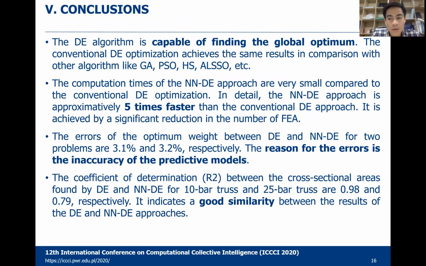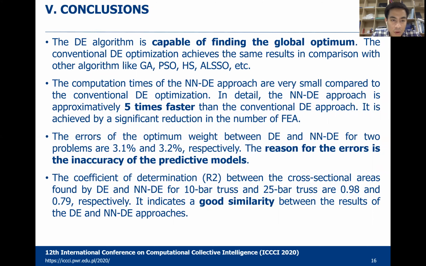Based on the obtained results, some conclusions can be pointed out as follows. First of all, it can be noted that the differential evolution algorithm is capable of finding the global optimal point.